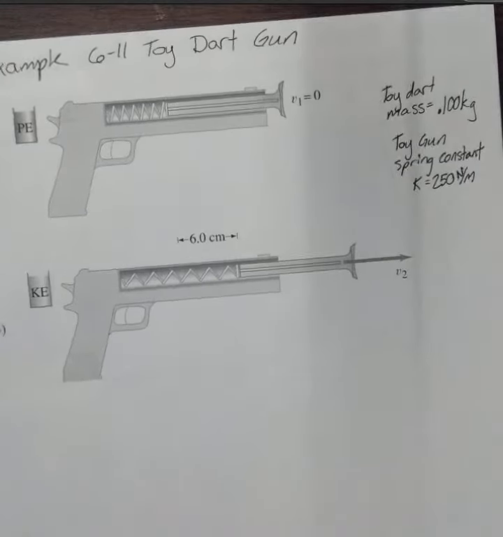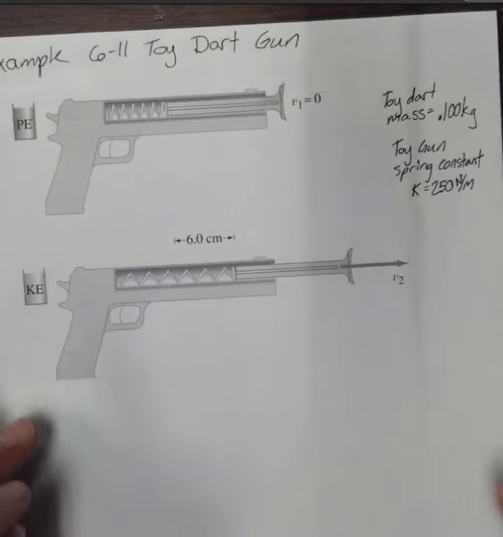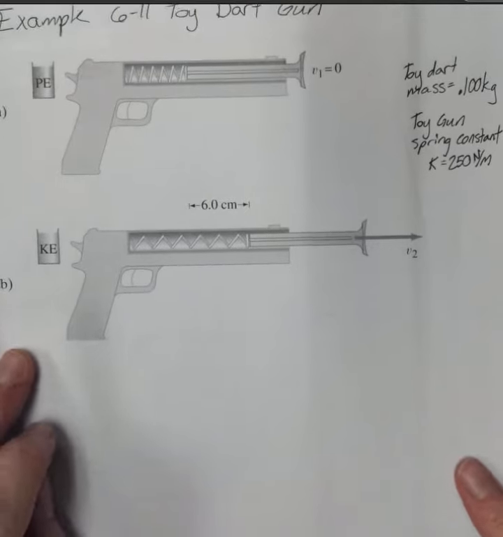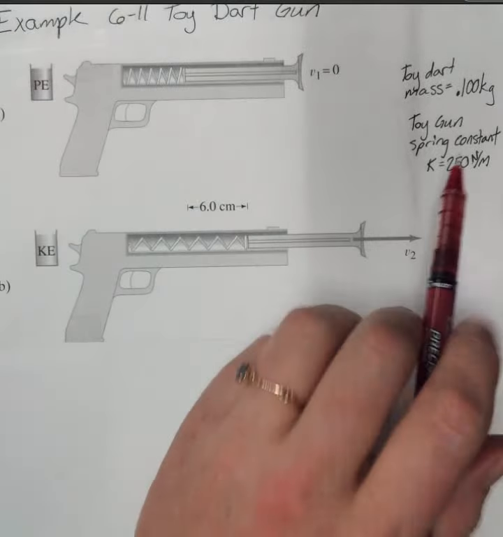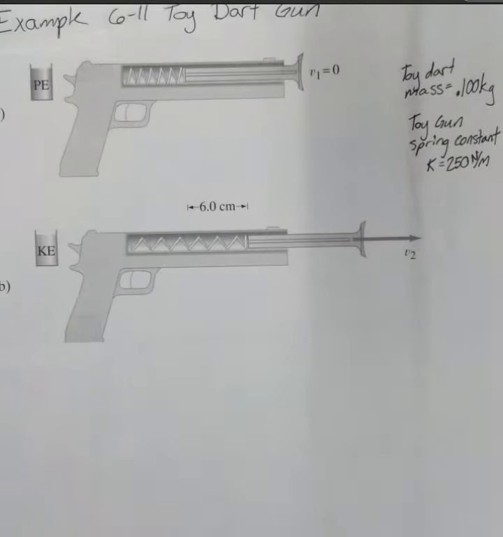So let's look at this example of a toy dart gun. We're going to say that this toy dart has a mass of 0.1 kilograms. And we're going to say that the toy gun has a spring in it, and that the spring constant is 250 newtons per meter.